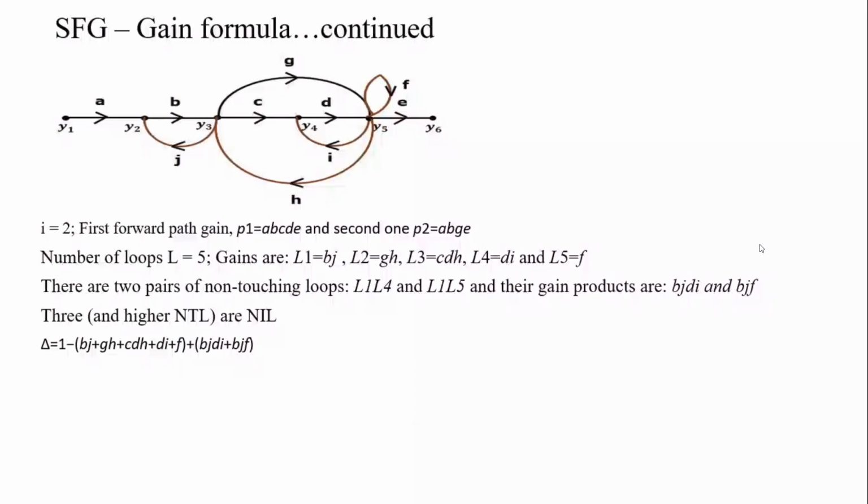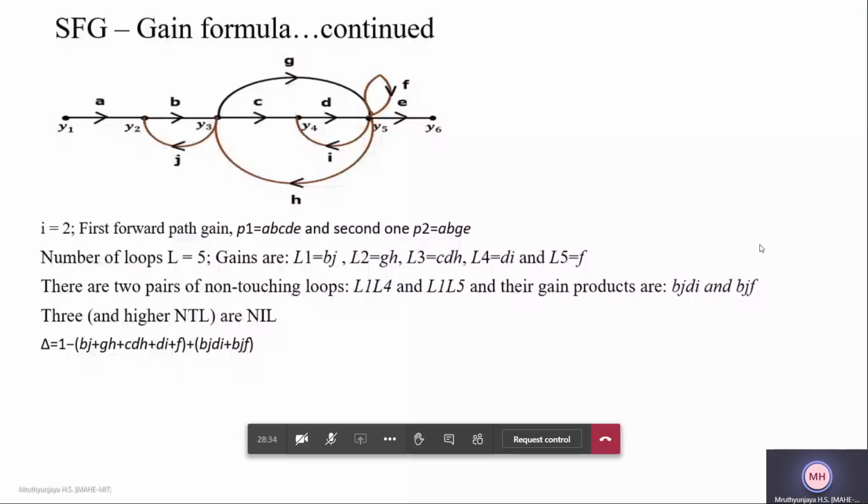Now we have to find out delta 1 and delta 2. There are 2 forward paths, so we will have 2 delta i's, that is delta 1 and delta 2. What is delta 1? It is the value of delta only, but the loops touching the particular forward path are deleted.